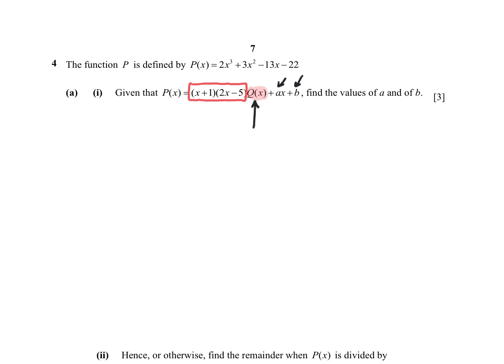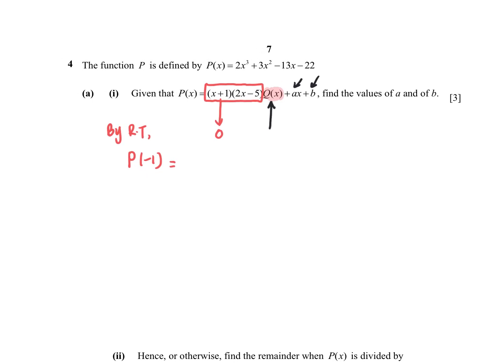So by remainder theorem, you can sub in P as -1. This part here, I want to make this 0. So when I sub this as 0, this whole thing cancels out. So it doesn't matter what Q is, it will be cancelled out.